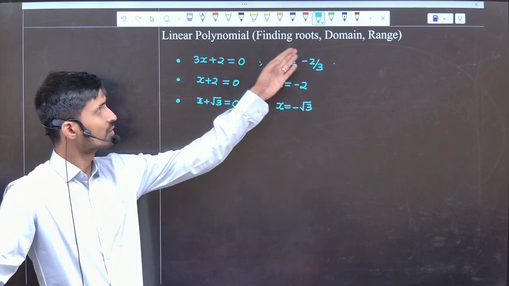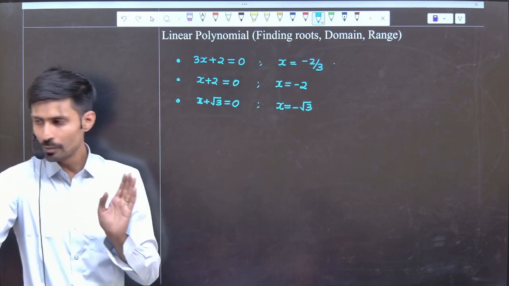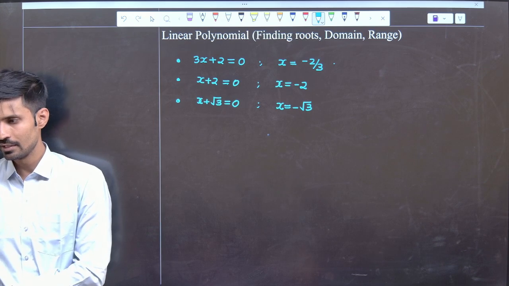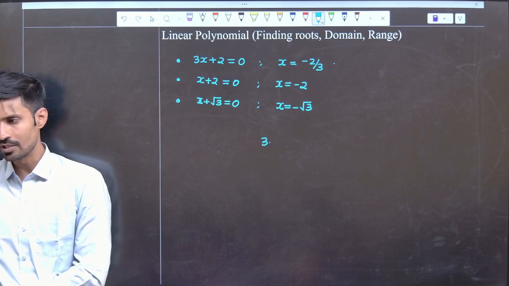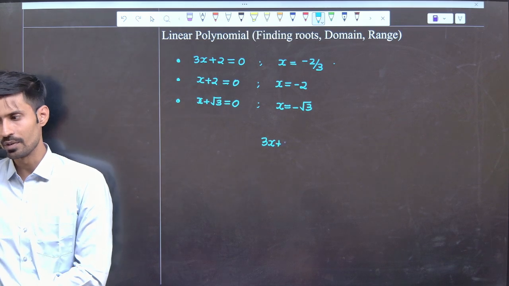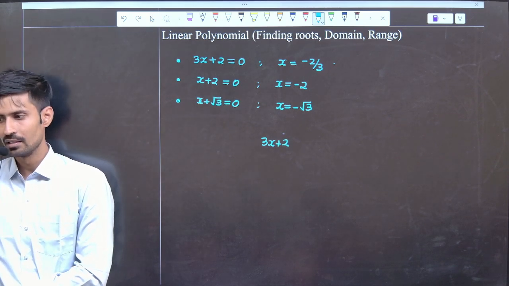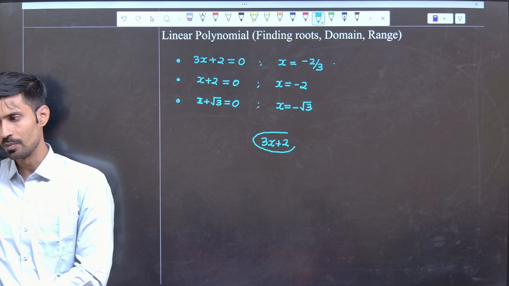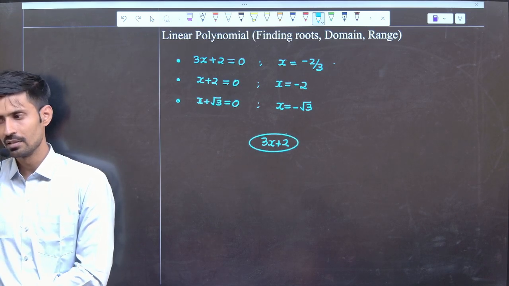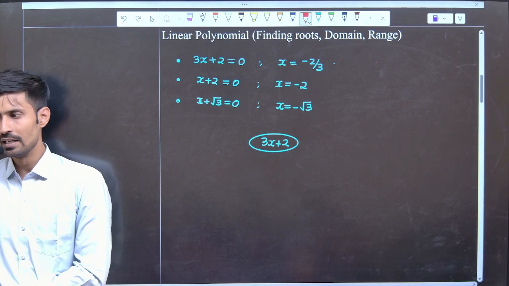Now, this one is understood. Domain. To remember domain, suppose I write 3x plus 2. This is the simple way of representing a linear polynomial.